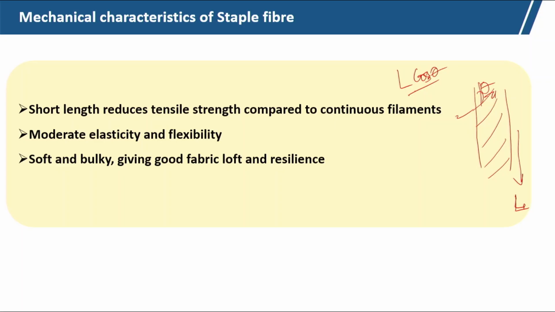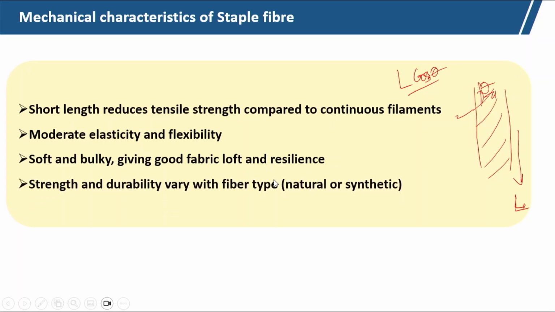For any protective textile which is in touch with the body, inner garment, inner layer, there we can use the staple fiber fabric. Strength and durability vary with the fiber type. If it is natural fiber, strength will be lower than the synthetic fiber.